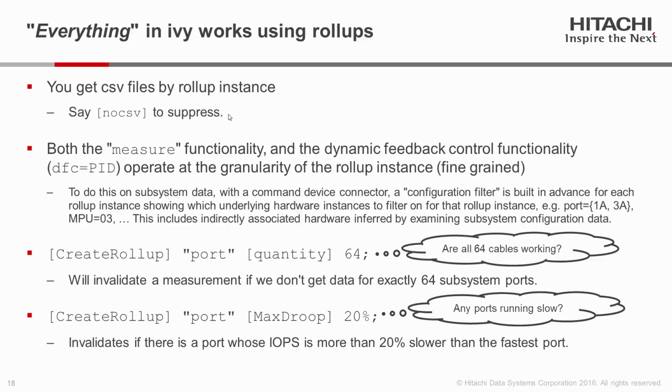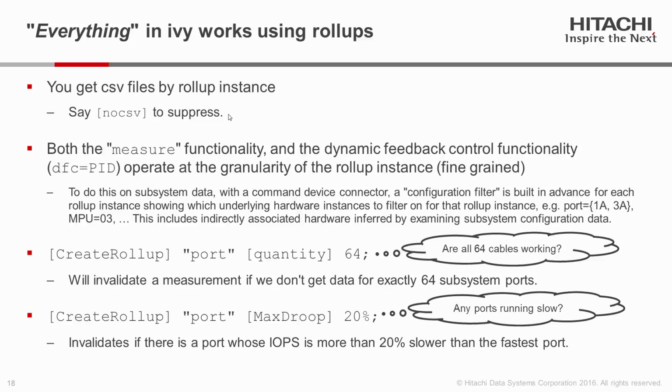The next thing is that the measure functionality, the seen enough and stop functionality, and the dynamic feedback control functionality all operate at the granularity of the rollup instance. They're fine-grained.